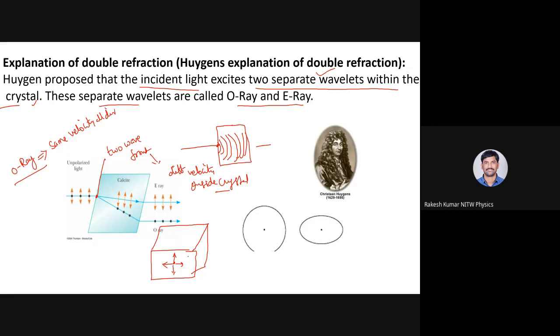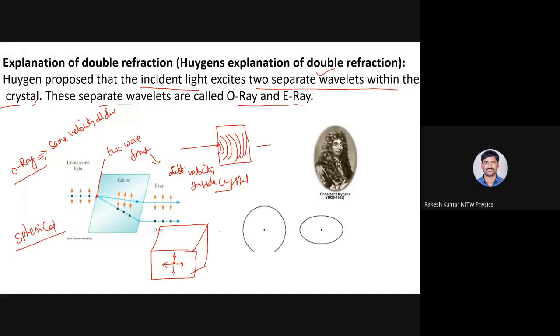As a result, what are you going to see inside this cube? If it travels an equal distance in all the directions and your light source is at the center, what kind of wavefront are you going to see? Circular or spherical? Spherical. Please remember, you are going to see a spherical wavefront.